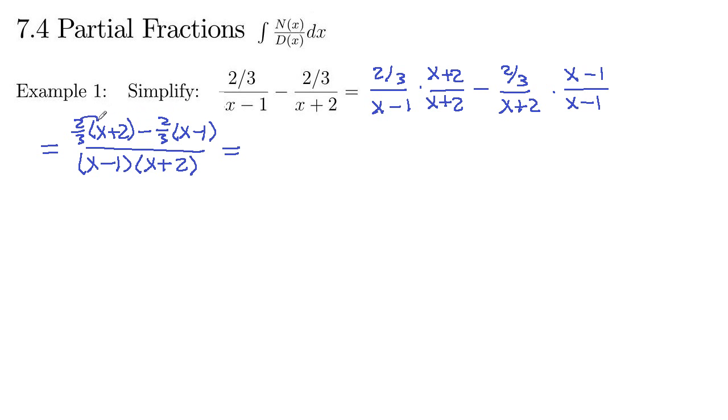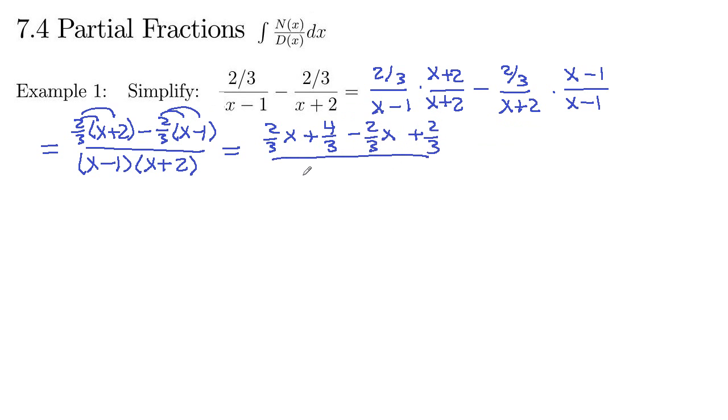Now we want to multiply our 2/3 in and our negative 2/3. So 2/3 times x, 2/3 x. 2/3 times 2 will be 4/3. Negative 2/3 times x, minus 2/3 x. Negative 2/3 times negative 1, plus 2/3.